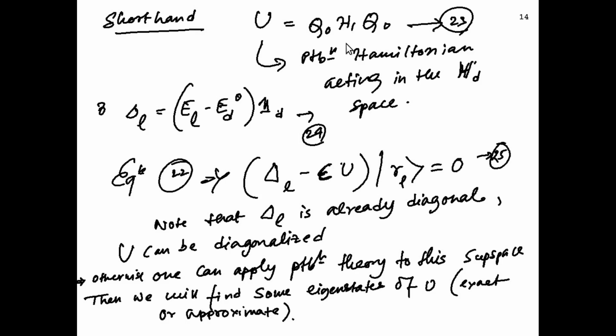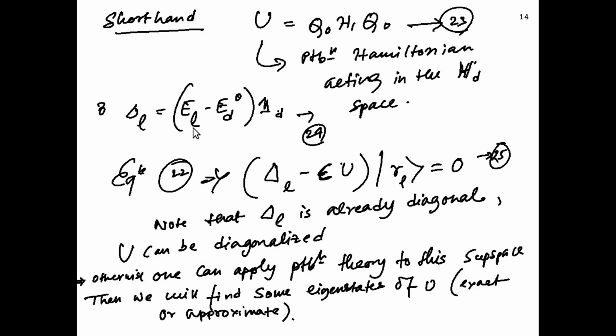I call it an effective Hamiltonian or perturbation Hamiltonian, which acts in the d-dimensional or HD subspace. It is basically the projection of H1 onto the d-dimensional degenerate subspace, and I call it U. Another notation, like before, is delta L, which is basically the shift in the energy because of introducing the epsilon.